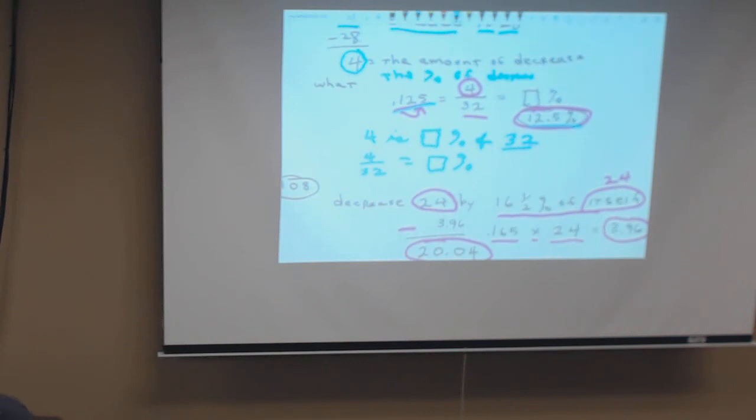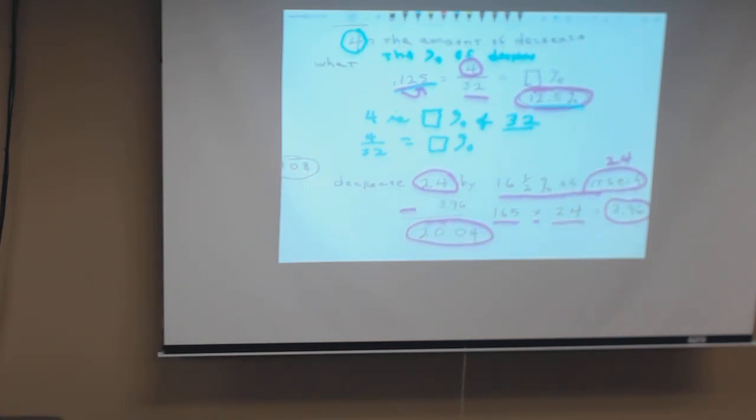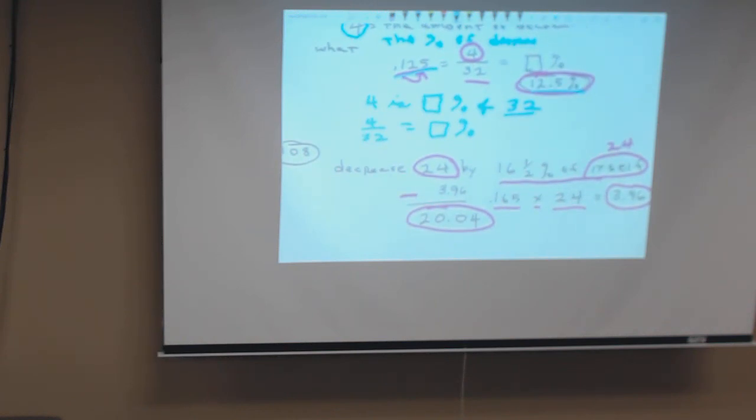So when you're working these, like 108, if you decrease 24 by 16.5%, what's the result? Then that would be 24 decreased by this much. 16.5% of what? Of 24. And what is that? 3.96. Subtract that from 24 and you get 20.04.